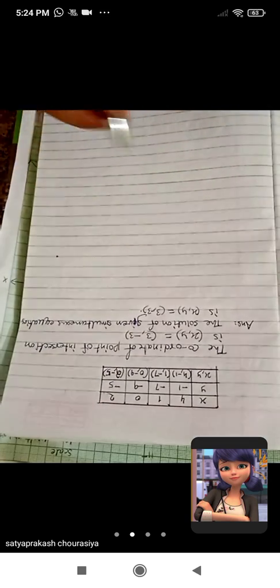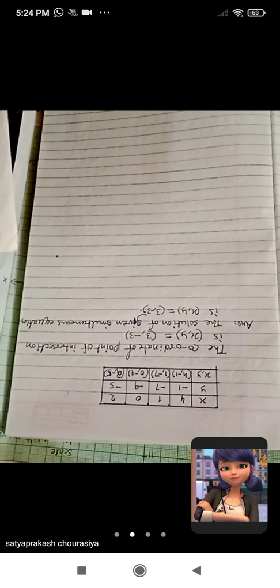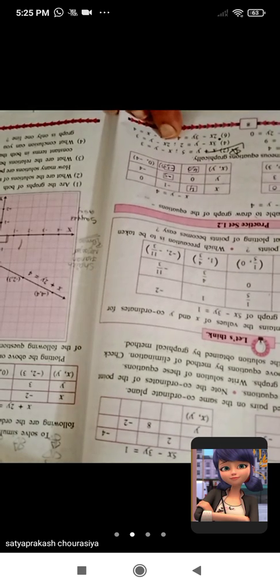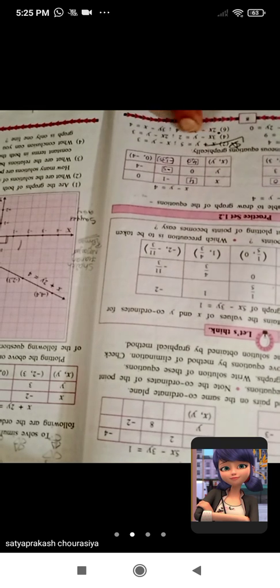Okay, now let's see the next question, question number 4. 3x minus y is equal to 2 and 2x minus y is equal to 3.